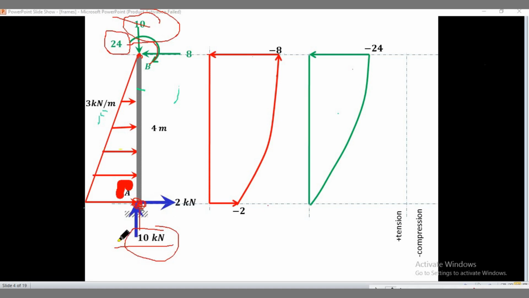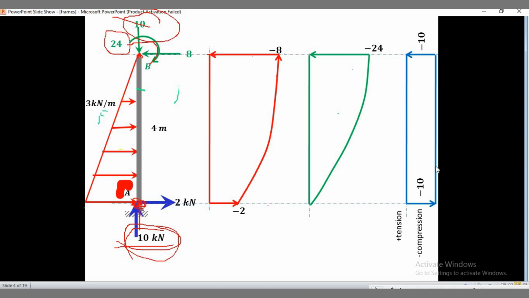So, this one, since the 10 kilonewton here is towards the joint, so that is compression. So, itong AB na to is under compression. Since under compression siya, so nasa baba. Yan yung magiging itsura ng ating axial force.